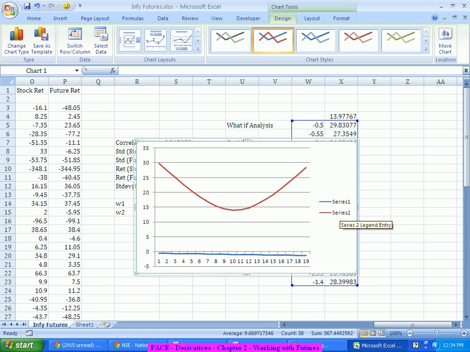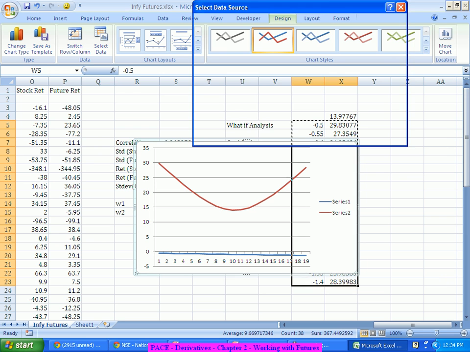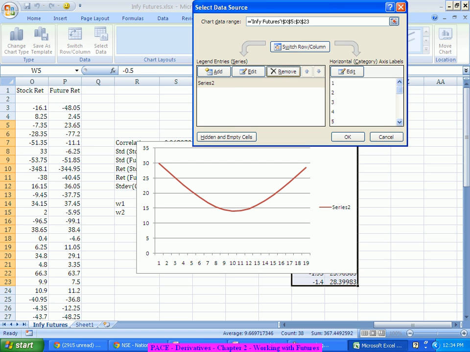Yeah, probably here it is taking, I don't need a plot of these values. So let me do a right click on the data, select data, and I remove the series 1 from here.